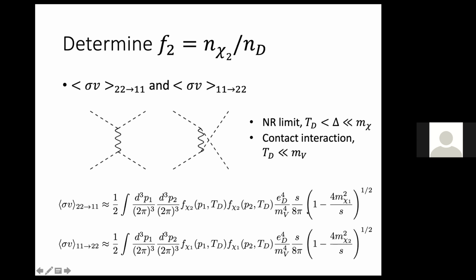So we always have these final state form factors, and this S is the square of the center of mass energy. And because we treat it as a contact interaction, we always have this E dark to the first divided by M mediator mass to the fourth. Okay, these are simple, and the 1/2 is because the final states are just identical particles.